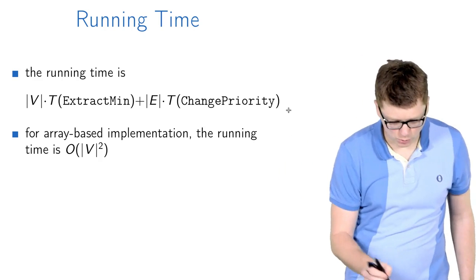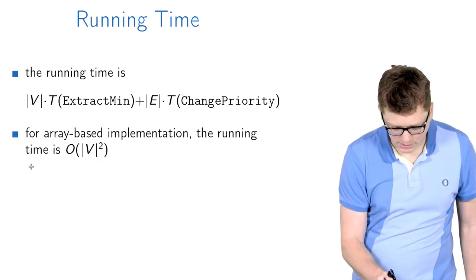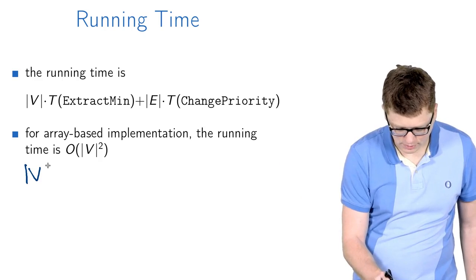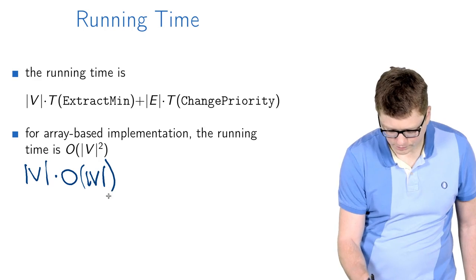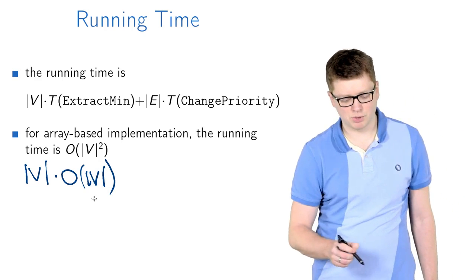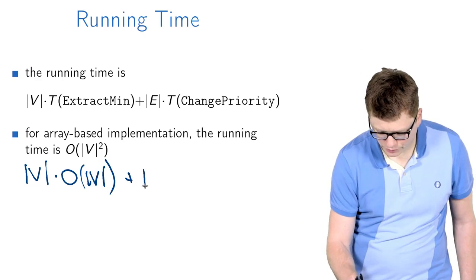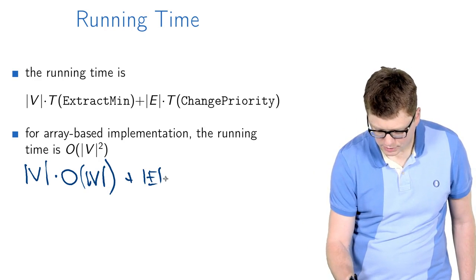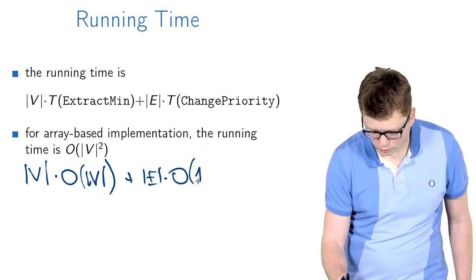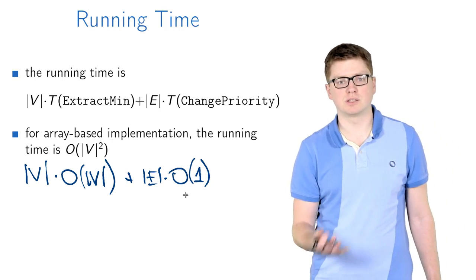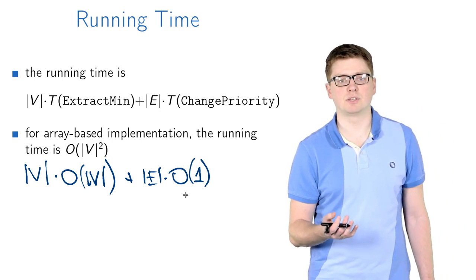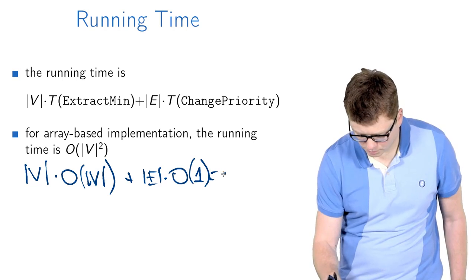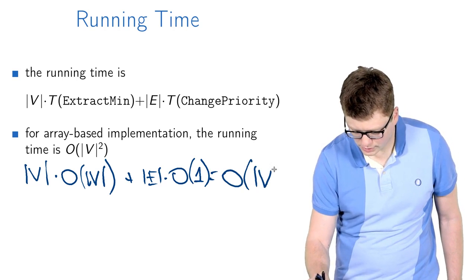Once again, extract min in this case has running time big O of V, so this is V times big O of V, while change priority has running time big O of 1, a constant time operation. Since the number of edges in the graph is at most V squared, this gives us big O of V squared.